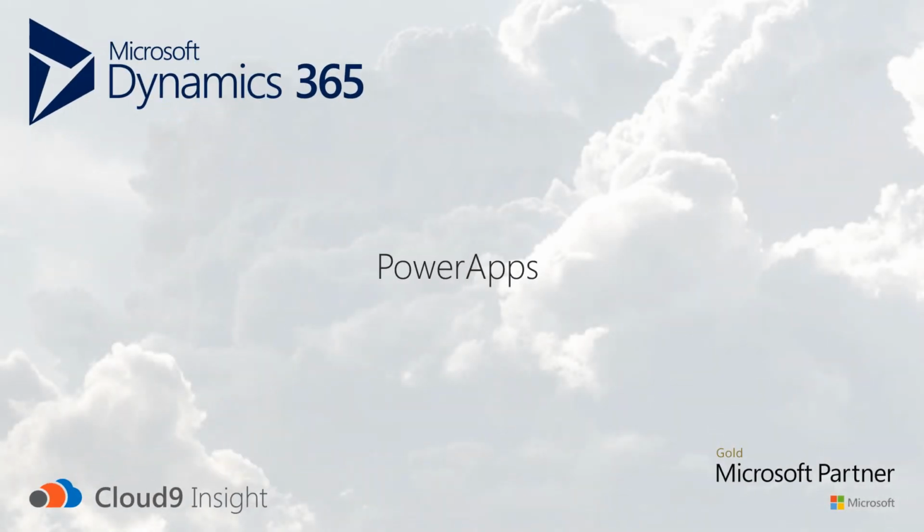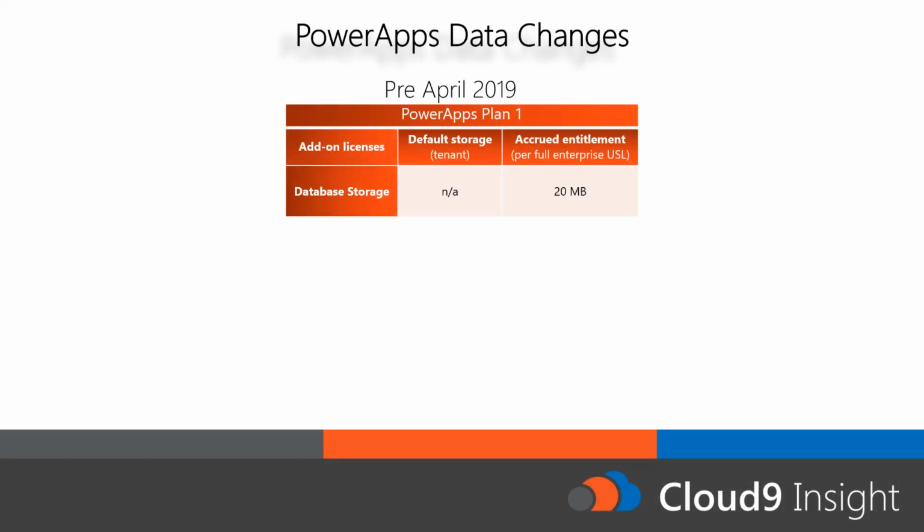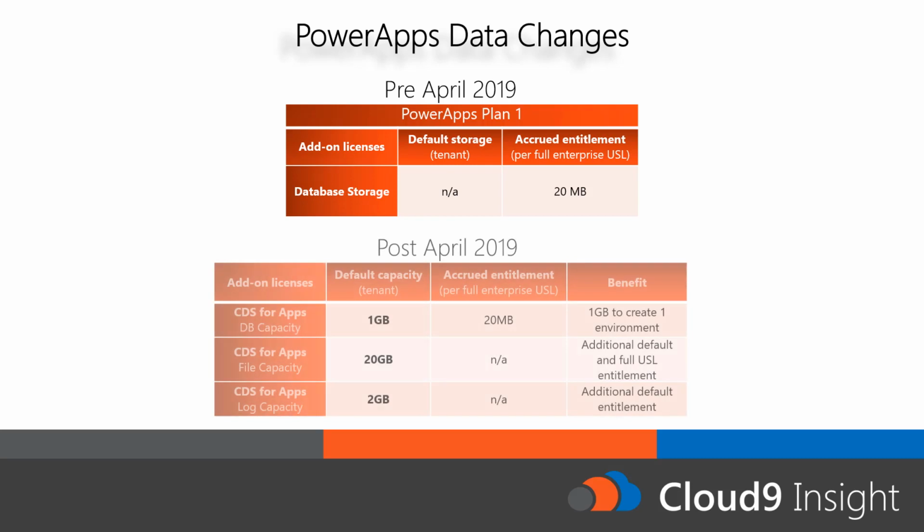So PowerApps. We're going to talk through Plan 1 and what's in place right now, pre-April 2019. The database storage on this is per full enterprise USL, and this is 20 megabytes. Going forward, it's going to change a little bit, similar to how customer engagement works.